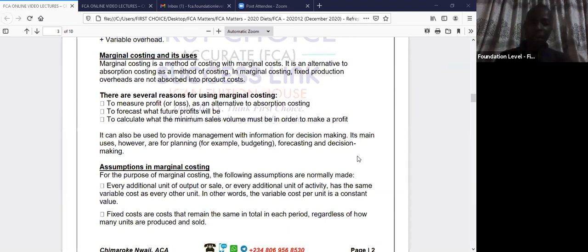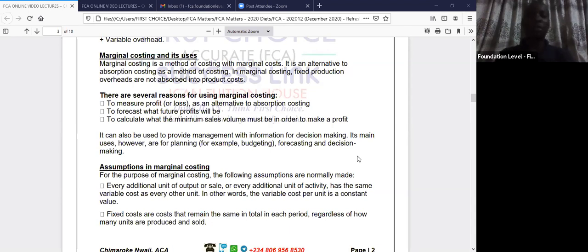In marginal costing, what we have is not net profit, but it's called marginal profit. Now, there is another name for marginal profit, which is contribution. So contribution is another way of saying profit, that is the marginal profit.